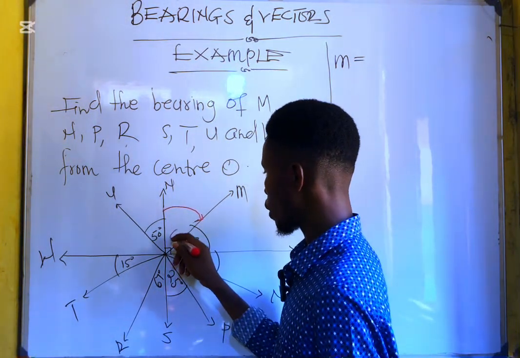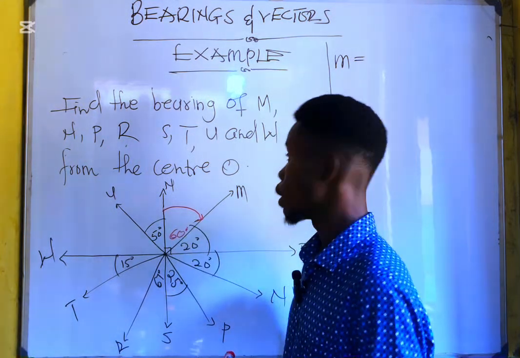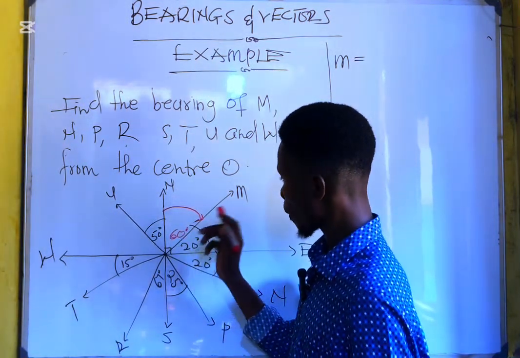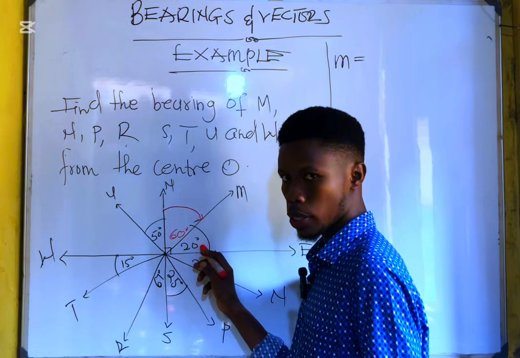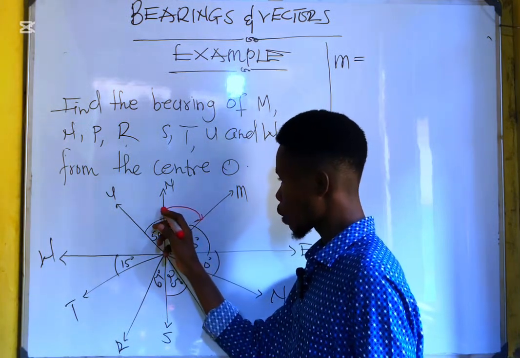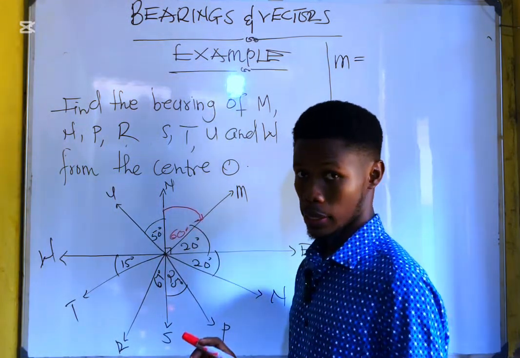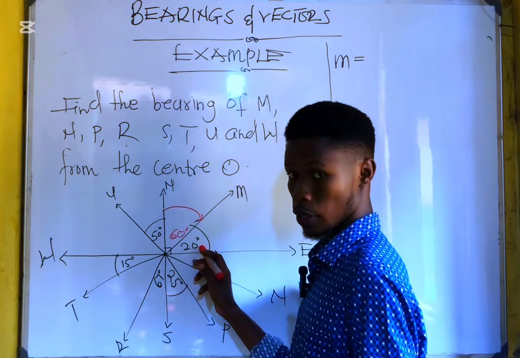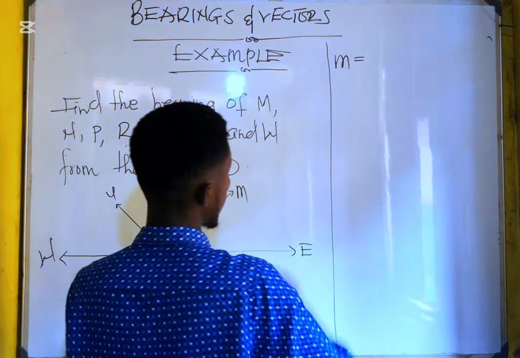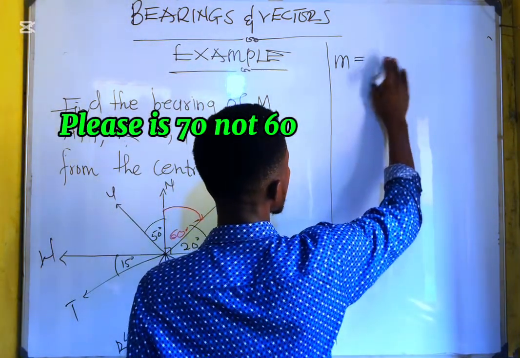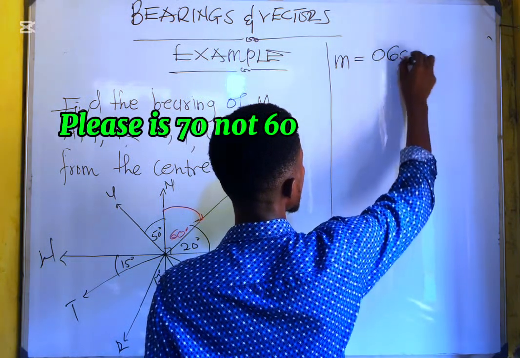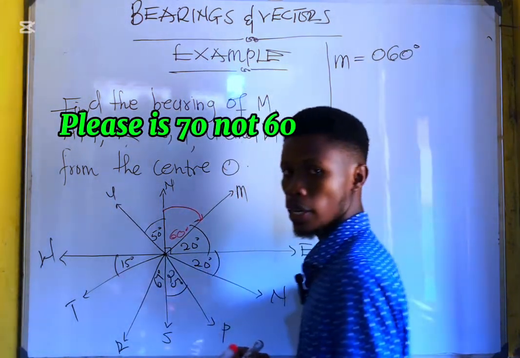That will be 60 degrees. So if I want to find the bearing of M, the answer is not 20, but rather 60, because you are looking from here to where the M is, not this place. Is that okay? Good. So here my answer becomes 060 degrees.